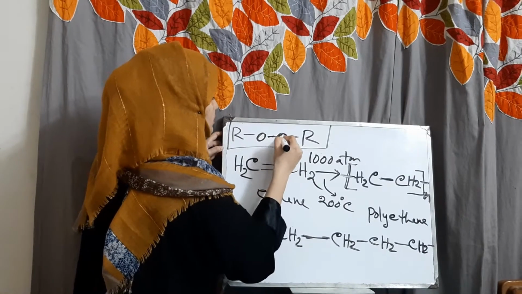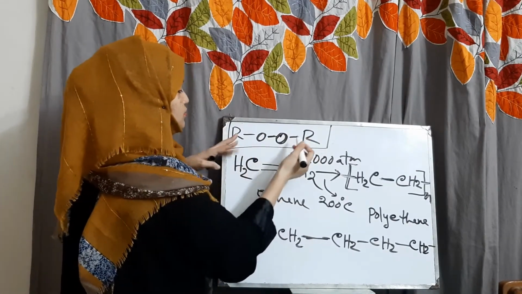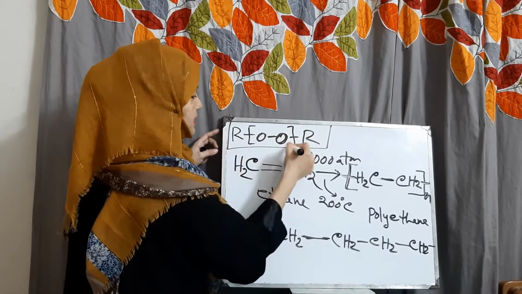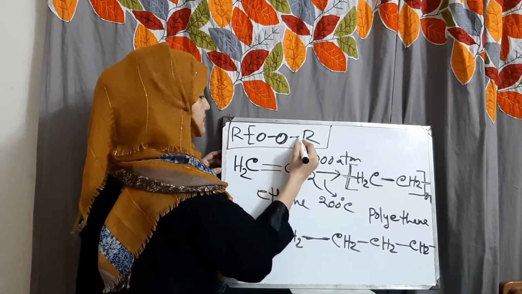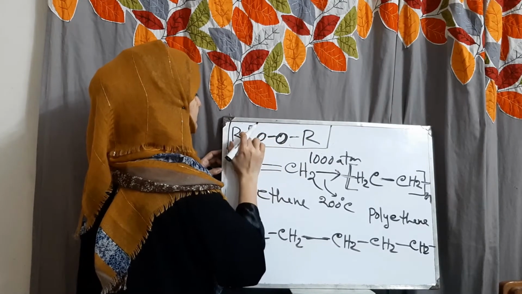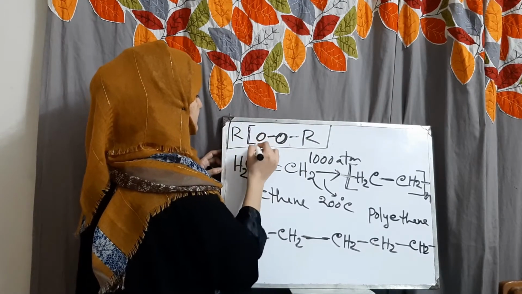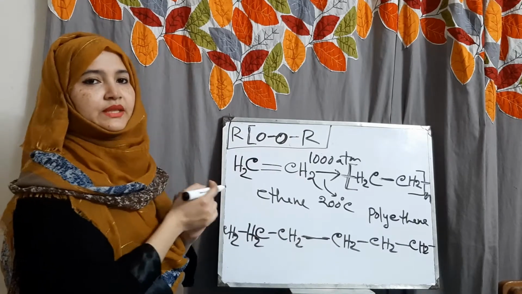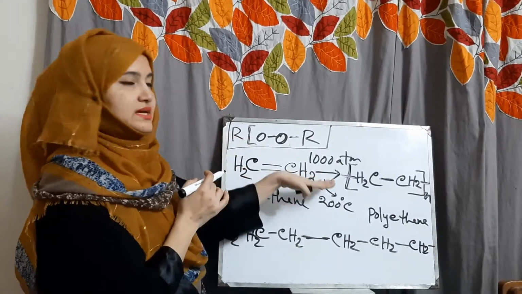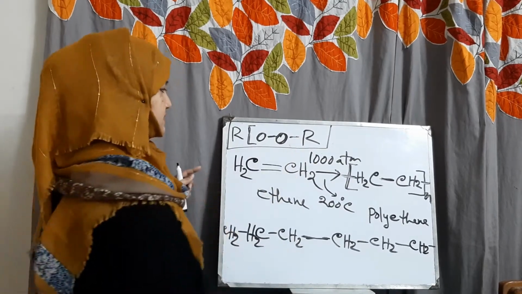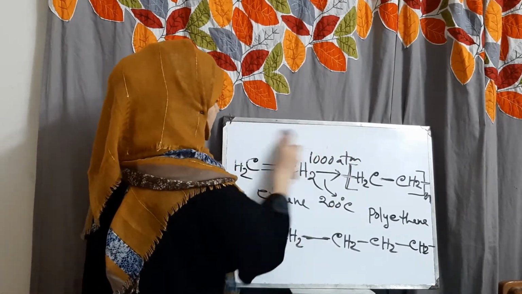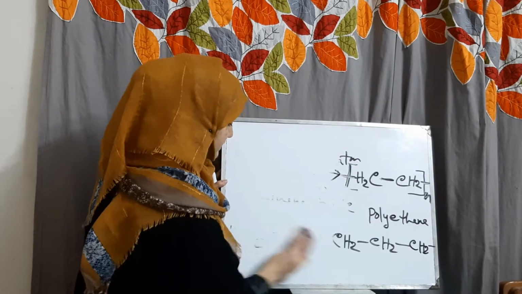O, single bond O, and two bonds free. This is the peroxide. The amount of oxygen is slightly large. Okay. These peroxides are used as a catalyst for these polymerization reactions. Okay. Then this was the preparation of polythene.